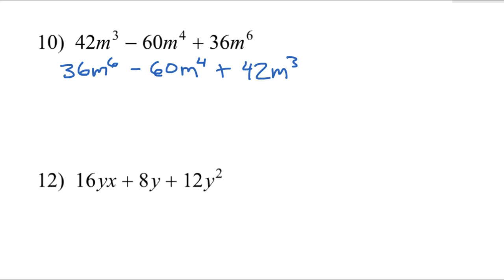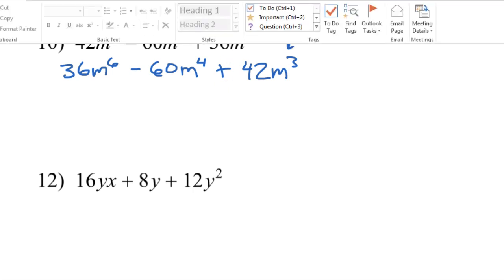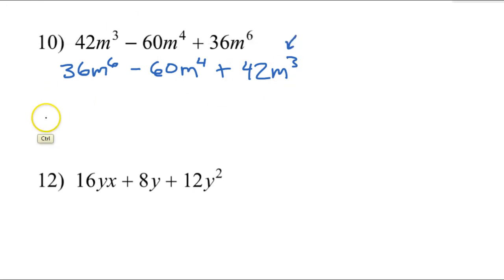Got to rewrite it. Now, the smallest amount of variables is m to the 3rd power. So that's how many m's will be in the GCF. So I know that I'm going to have m to the 3rd power out front. Okay, now look at the numerical part, 36, 60, and 42.